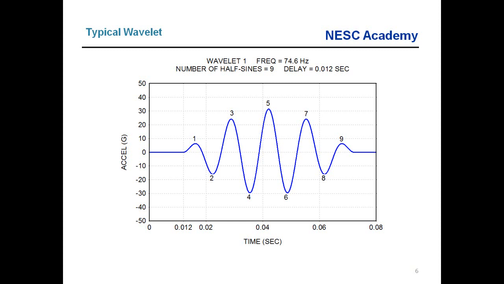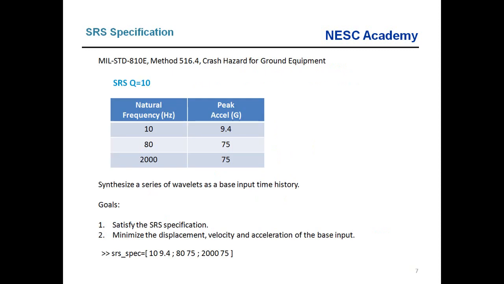That means we want to come up with a base acceleration input signal that has the least possible acceleration, the least possible velocity, and the least possible displacement, all within some reasonable duration. So it's not just a process of synthesis, it's also a process of optimization.